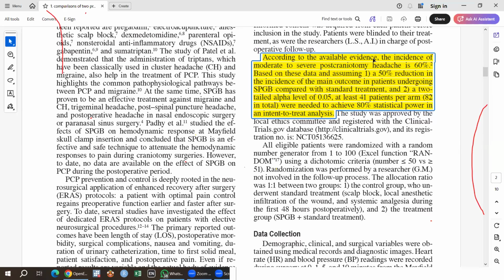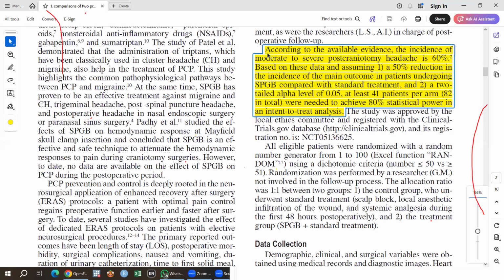According to available evidence, the incidence of moderate to severe post-craniotomy headache is 60%. And they have given this reference, reference number 2, because according to previous studies, the incidence of moderate to severe post-craniotomy headache is 60%.